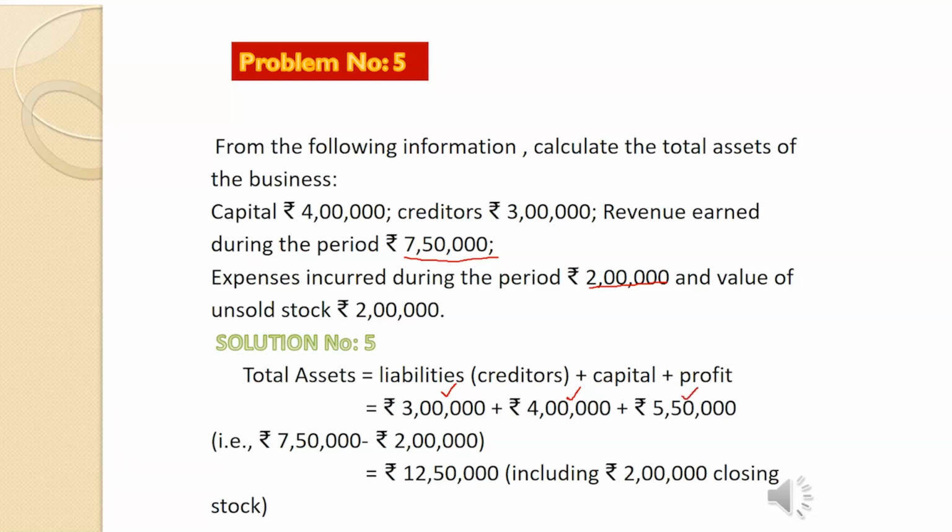So 3 lakh plus 4 lakh is 7 lakh, and 7 lakh plus 5,50,000 is 12,50,000. So 12,50,000 is the total assets, which includes 2 lakh as the closing stock. Okay, is it clear?